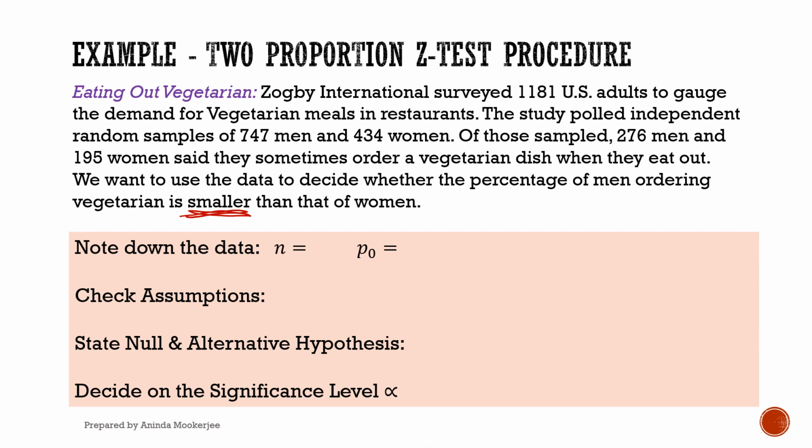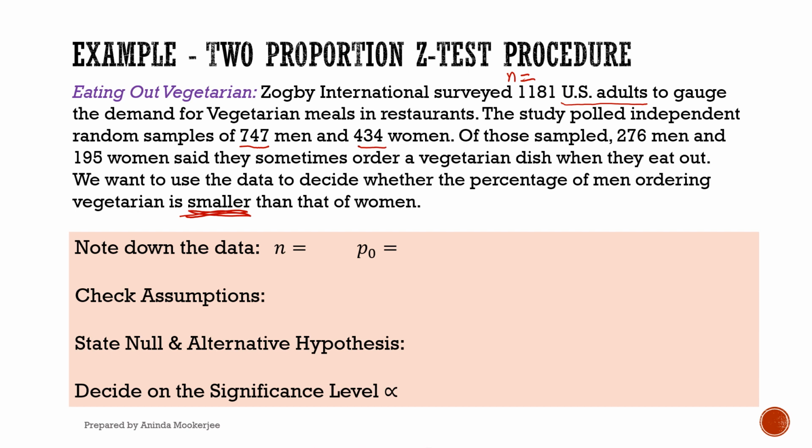Zogby International surveyed 1,181 US adults. That was the total number of people, men and women put together. N equals 1181. That's N without any subscripts. To gauge the demand for vegetarian meals in restaurants, the study polled independent random samples of 747 men, so that was the total number of men in the survey, and 434 women.